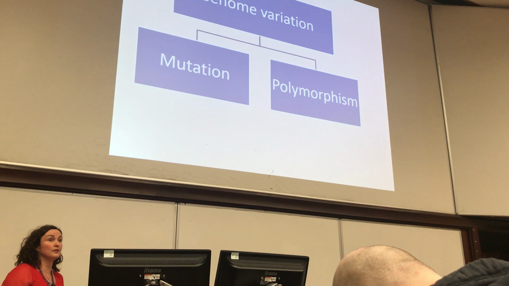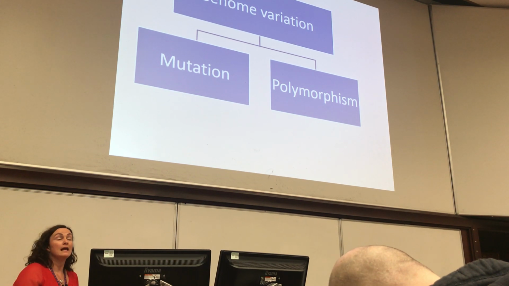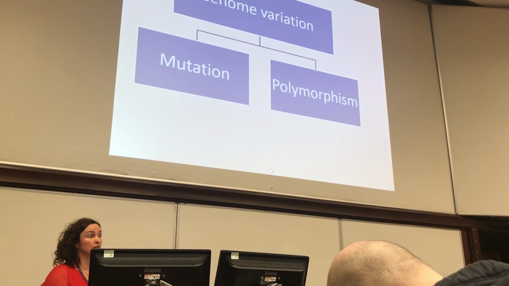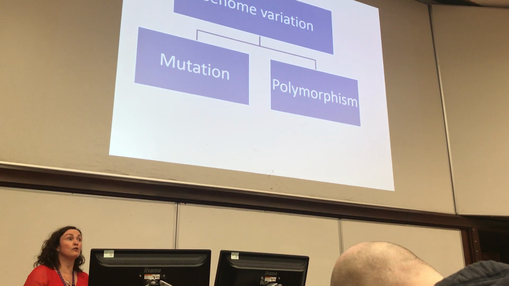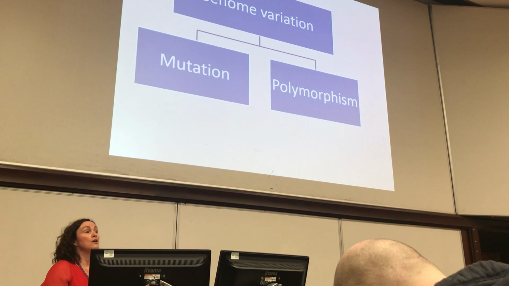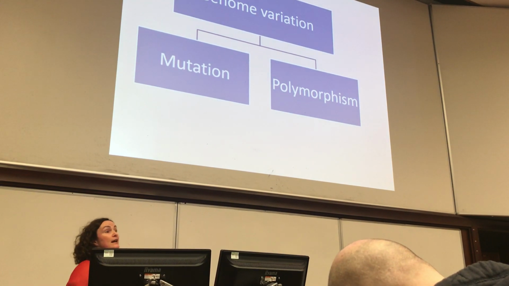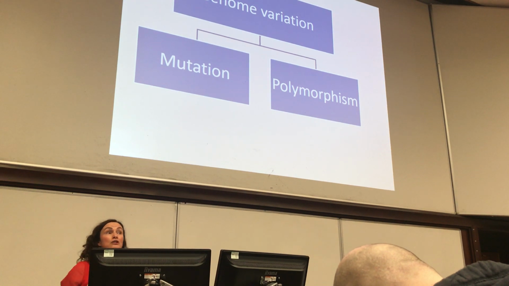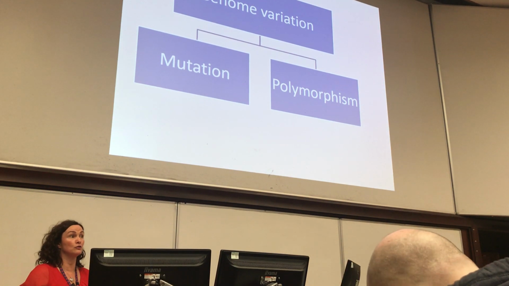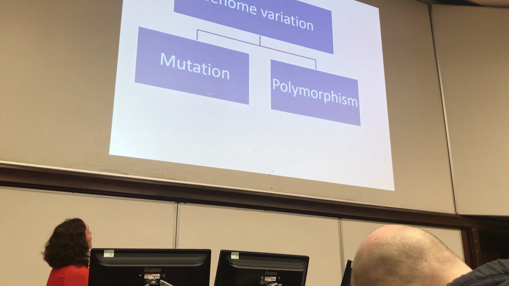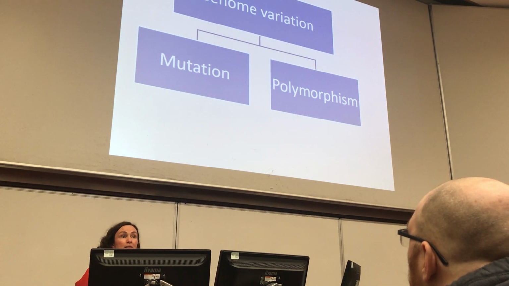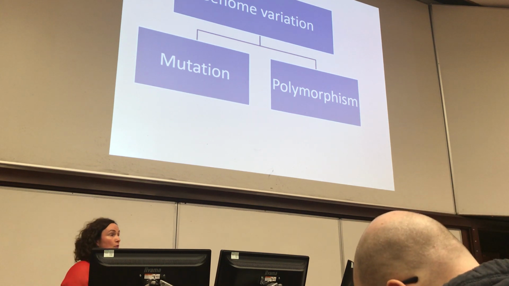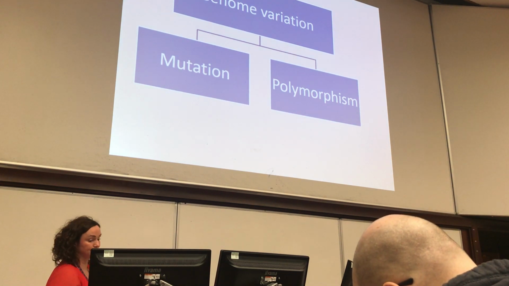If it's less than 1% of the population, it's classed as being a mutation. Is that okay with everybody? All right? So obviously variation is occurring all the time, but when it becomes polymorphic, it means that it's being maintained in the population at a quite high frequency, so greater than 1%. Less than 1%, and it's happening through chance, and it's not really being maintained as a beneficial or different version.